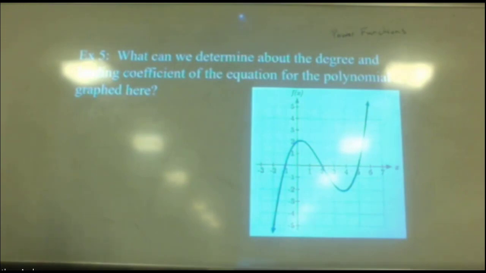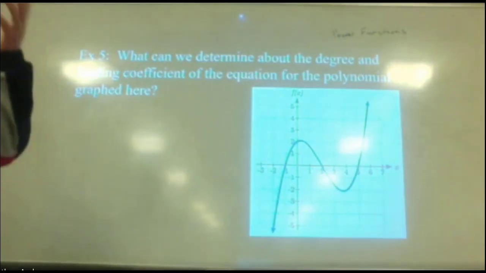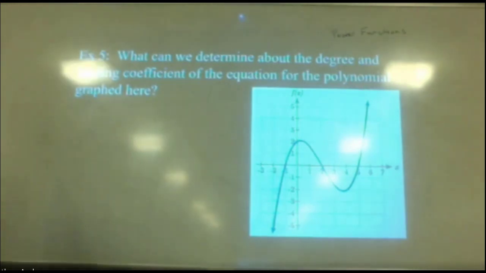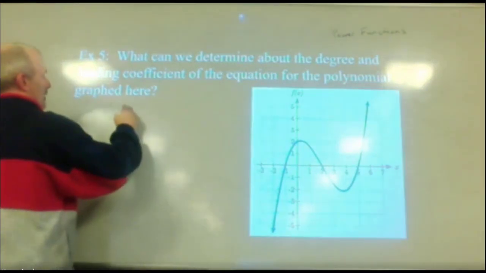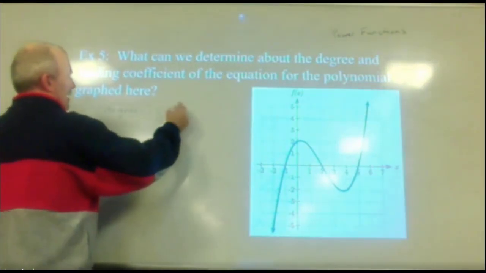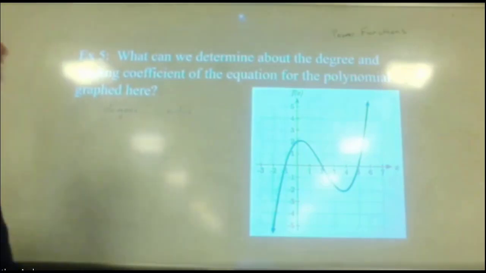Why is it odd? Because one side is going up and one side is going down. That's all you need for odd. If they go the same direction, we know it's even. If they go different directions on the left and right, we know it's odd. So we know the degree is odd. That's the first thing we know.